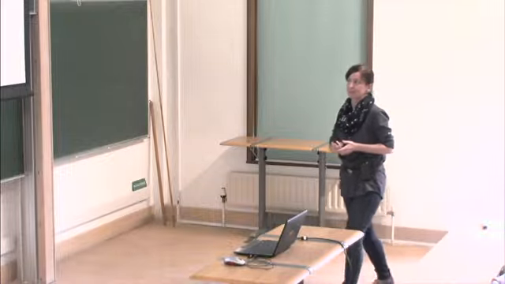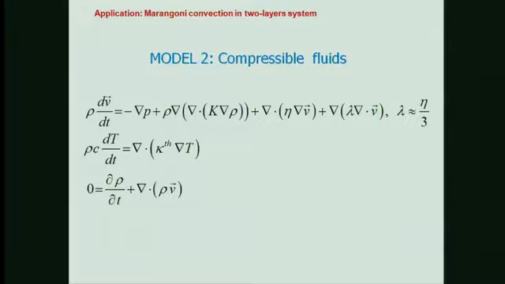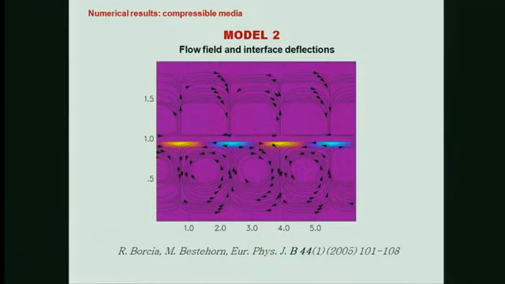Now the next step is to consider the compressible fluids. So we need an evolution equation for the density. We'll take the conservation equation, and now going on to present a picture from nonlinear evolutions.